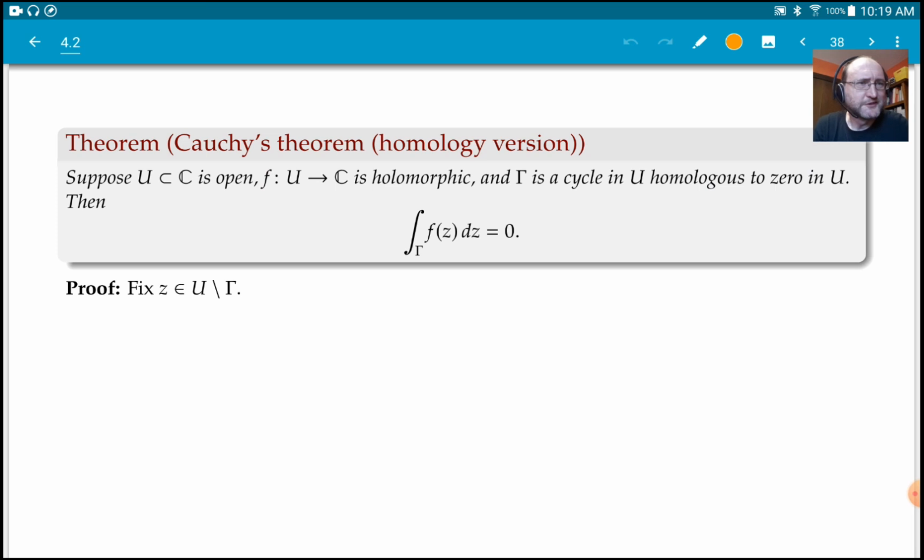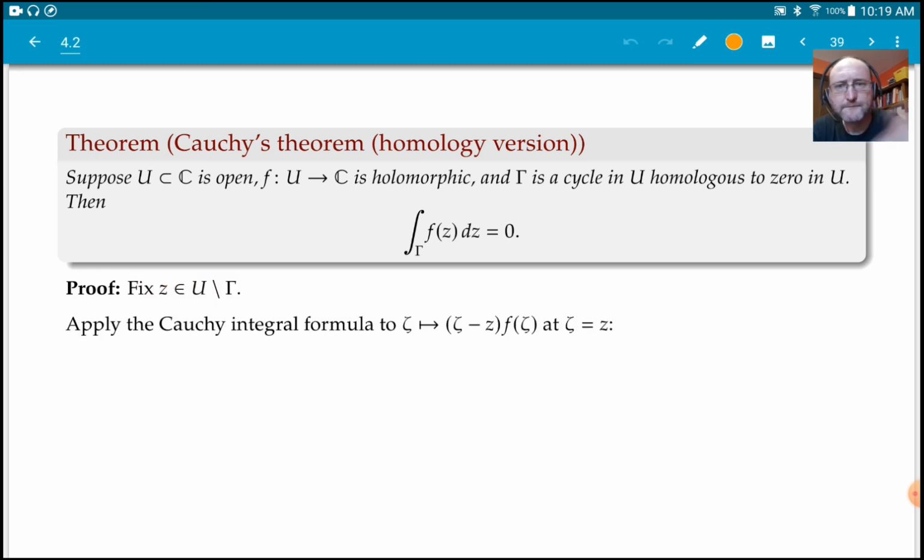The proof is almost trivial with the Cauchy formula. Fix z in U minus gamma. Now apply the Cauchy formula to this function over here.